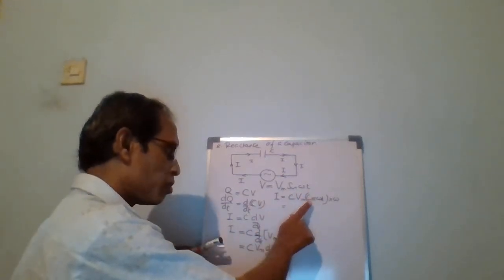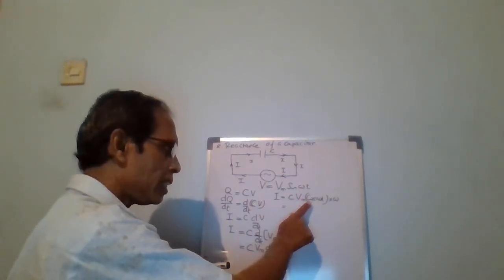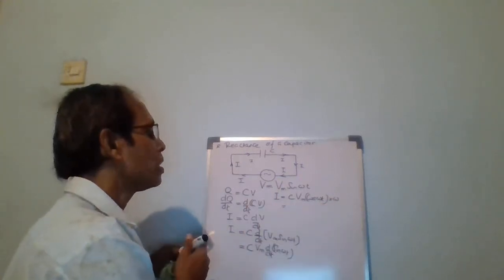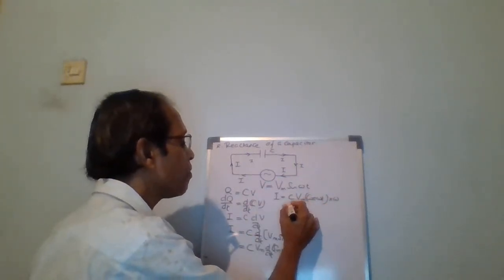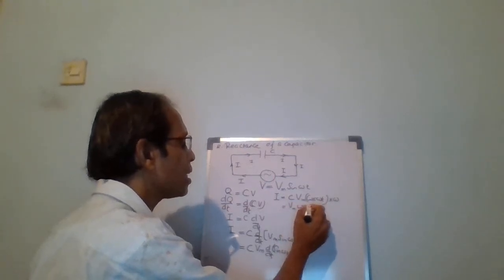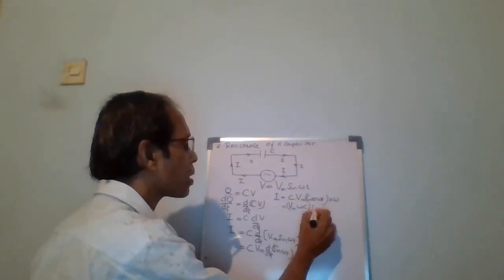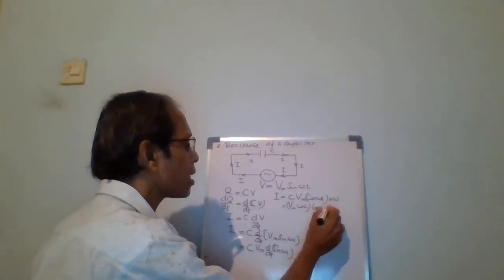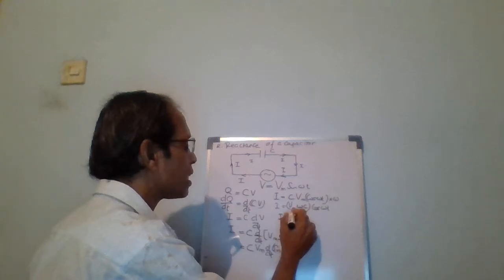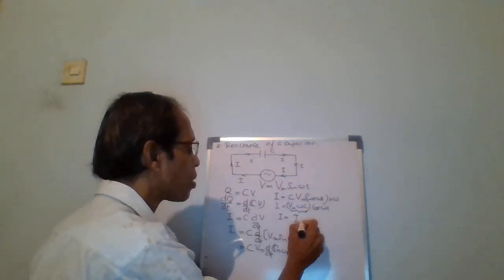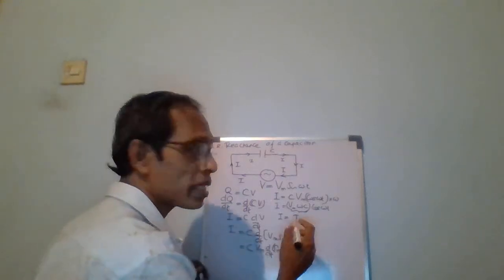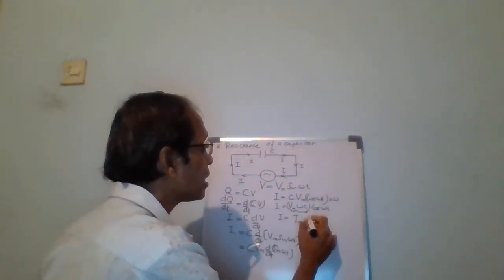Sin omega t with respect to omega t is cos omega t, and omega t with respect to time is omega. Then we can write Vm omega C cos omega t. Here Im, Vm, omega and C are constants, and omega is the angular velocity.